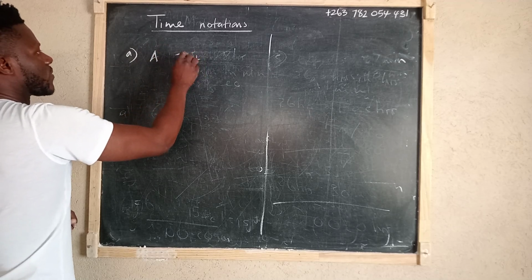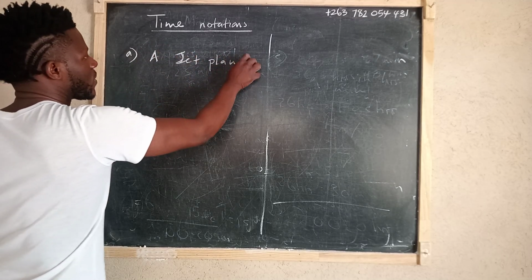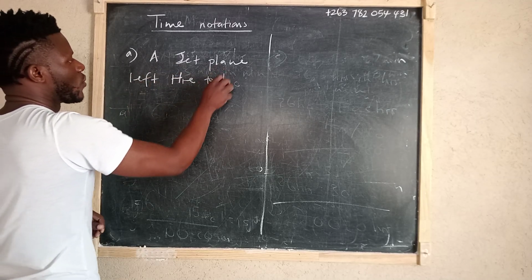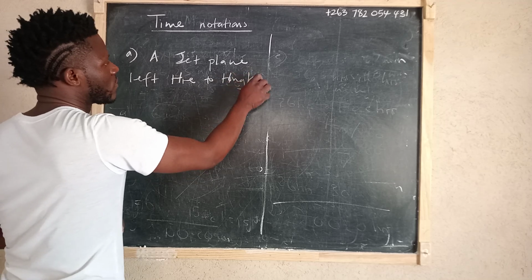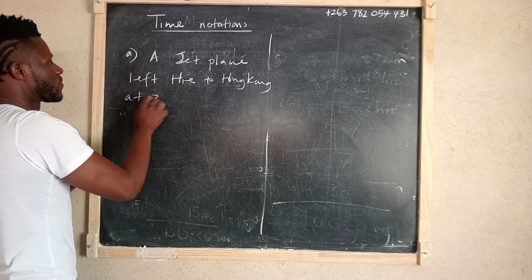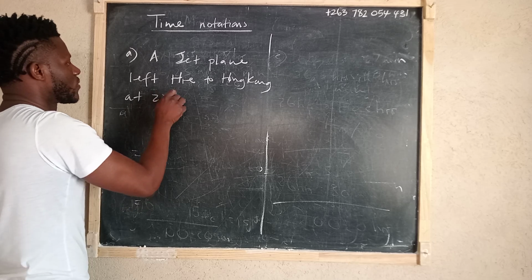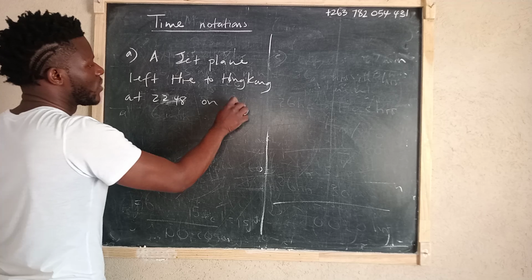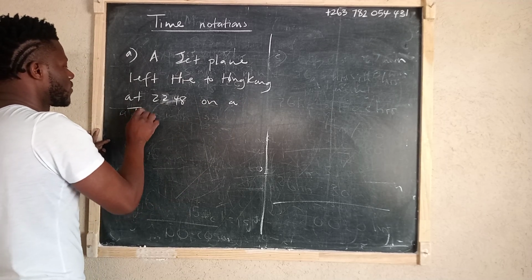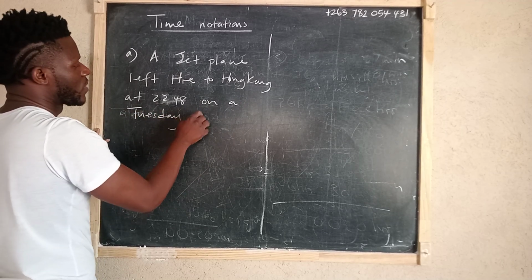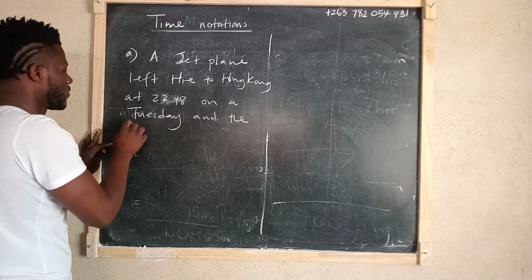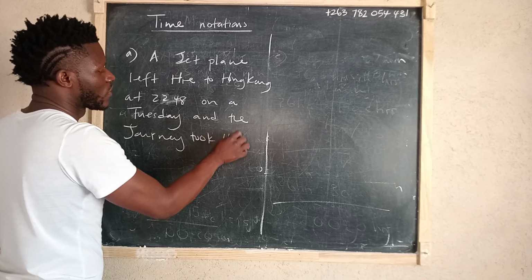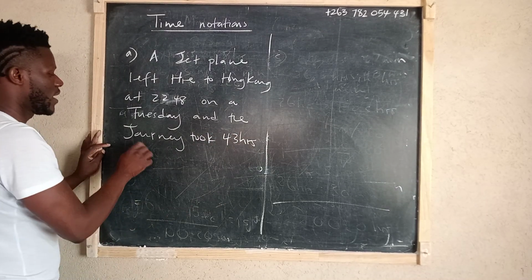A jet plane left Harare to Hong Kong at 22:48 on a Tuesday, and the journey took 43 hours 18 minutes.